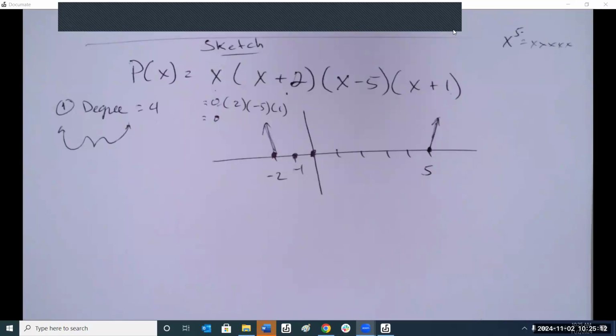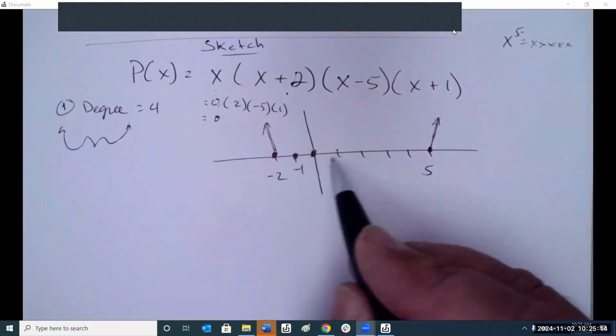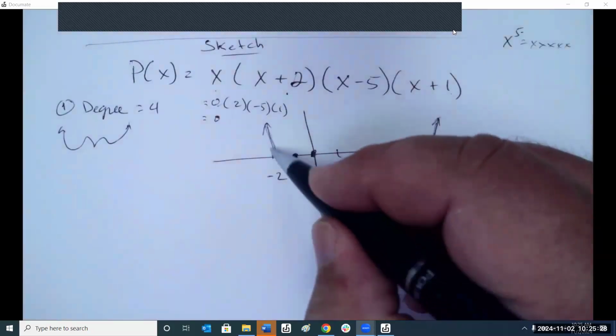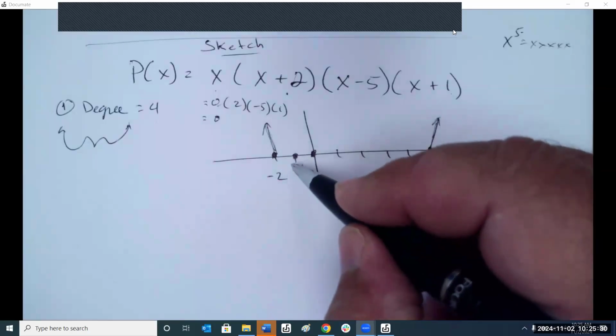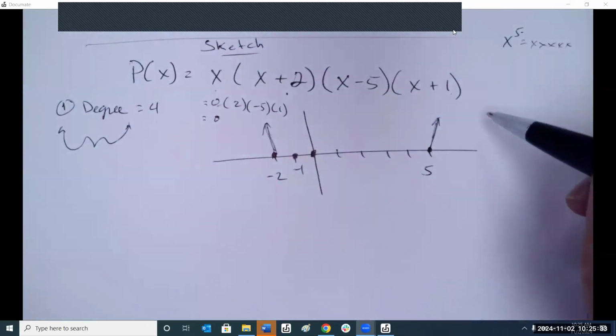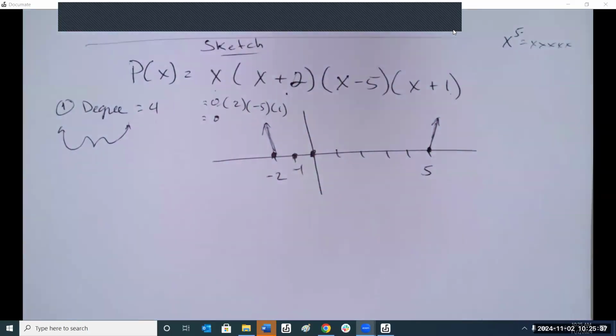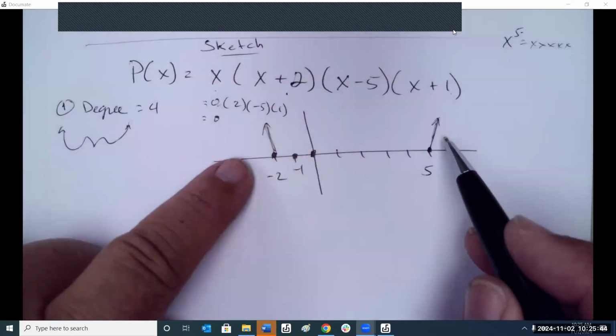Now we got to figure out what happens between there, because there are a couple of things that can happen. Will the graph go below the x-axis and then back up like this? Or will it bounce?